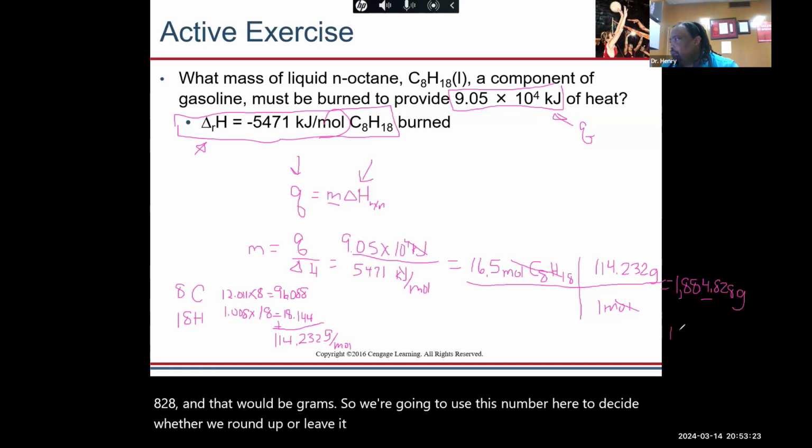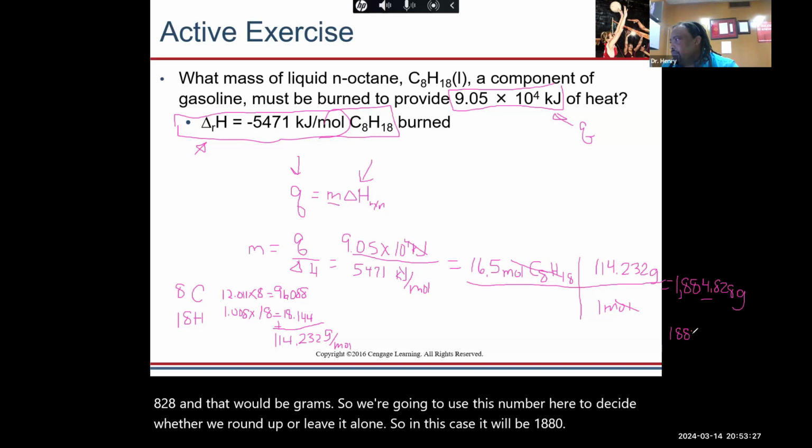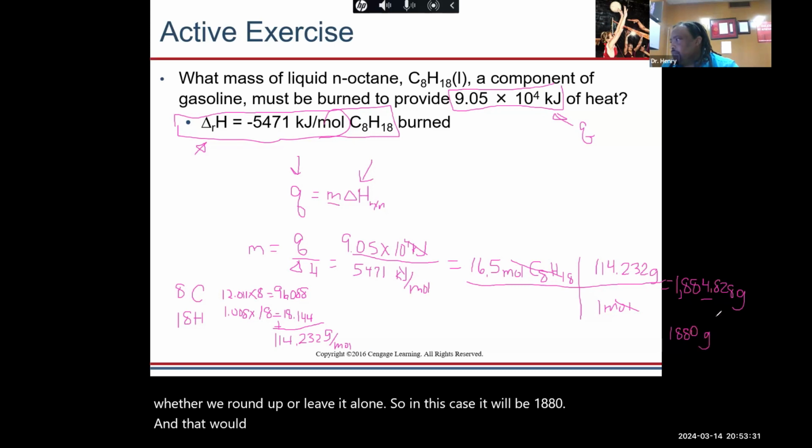So in this case, it will be 1,880 grams.